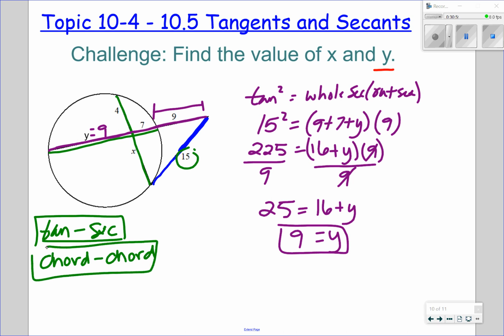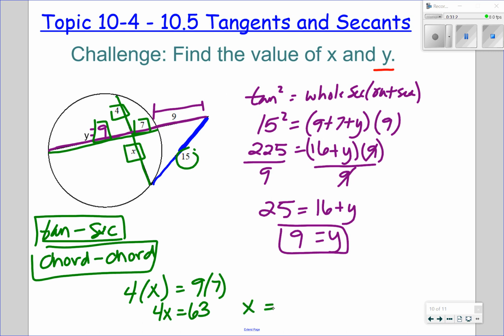And remember that chord-chord relationship says that if we take the product of the pieces of the chords, so 4 times x, we can set it equal to the product of the other pieces of the chord, 9 times 7. So this would be 4x equals 63. And then if you divide by 4, you get x equals 15.75.